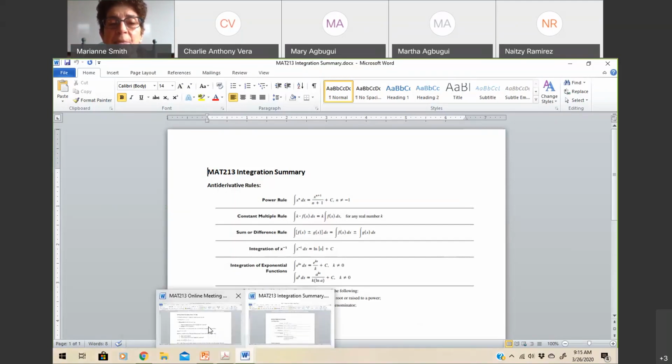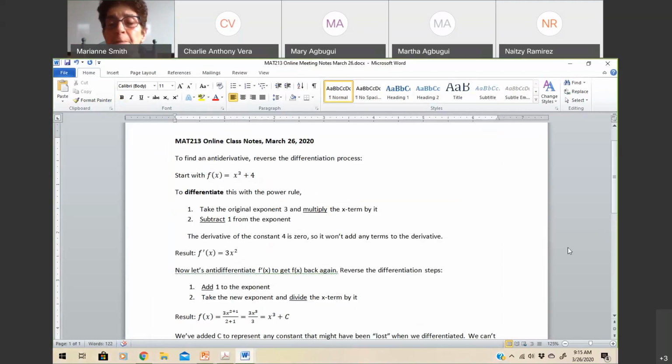Okay, to go back to our question, how do you anti-differentiate something? Here are some notes I made up in advance, and I'll share these along with the video when I upload it to our class. Let's say we have an f of x function, x cubed plus 4.